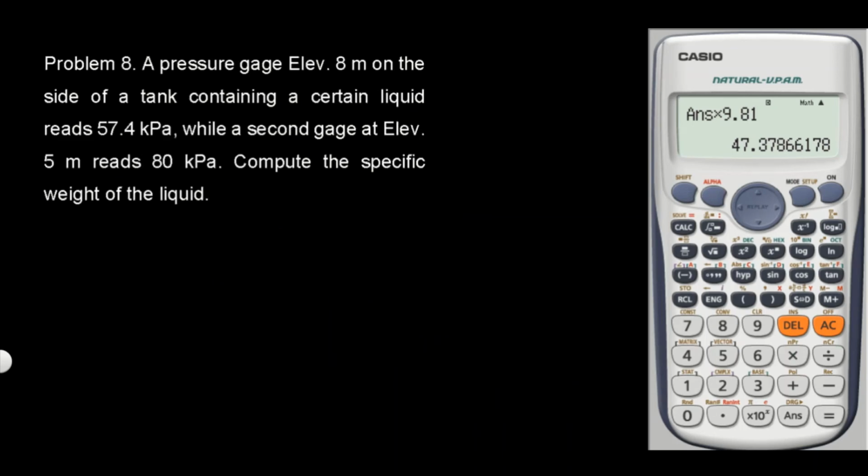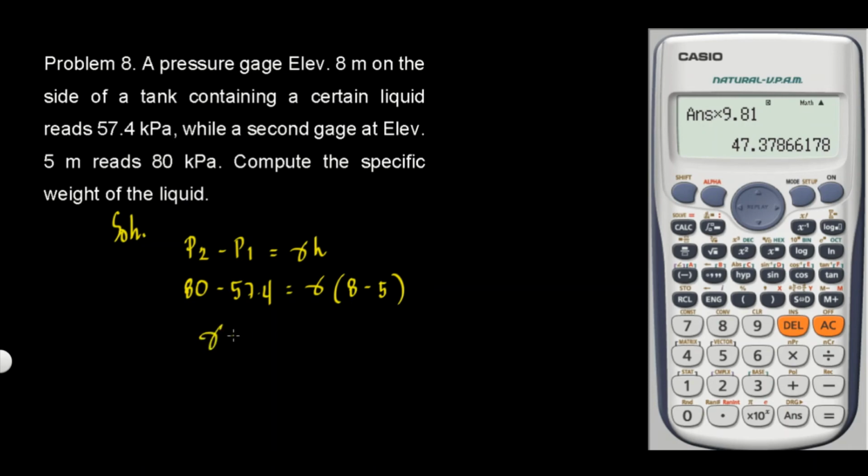Problem 8. A pressure gauge at elevation 8 meters on the side of a tank containing a certain liquid reads 57.4 kPa, while a second gauge at elevation 5 meters reads 80 kPa. Compute the specific weight of the liquid. Solution: the difference in pressure, P2 minus P1, is equal to gamma H. P2 is 80, P1 is 57.4, and the difference in elevation is 8 minus 5.